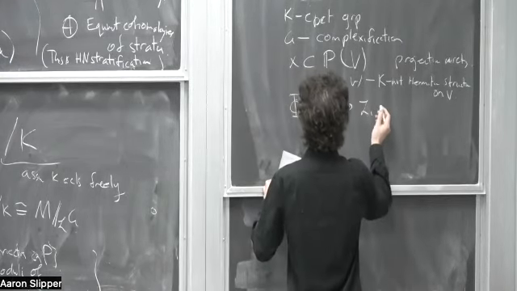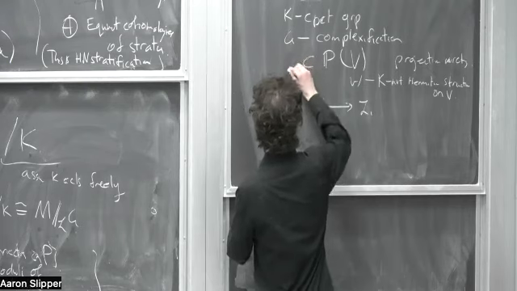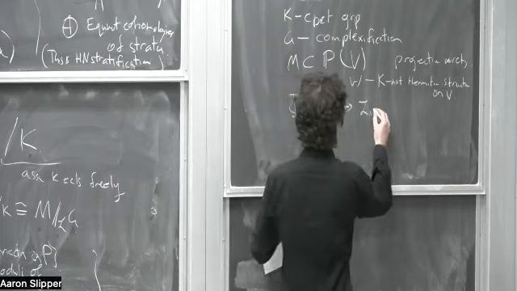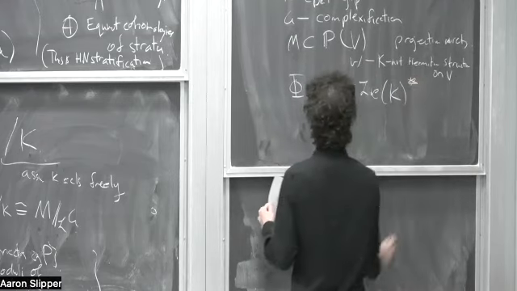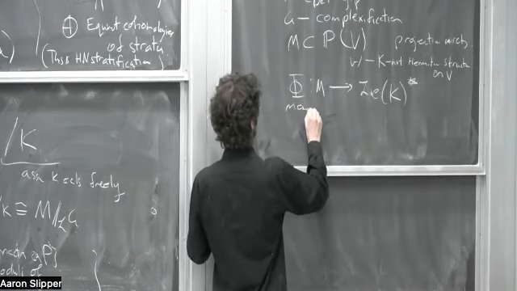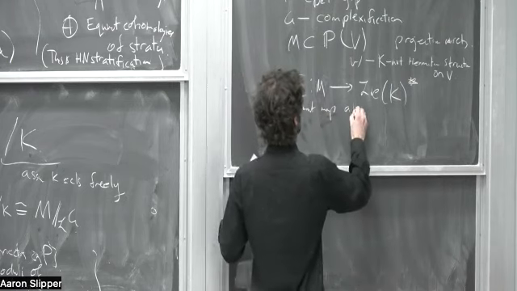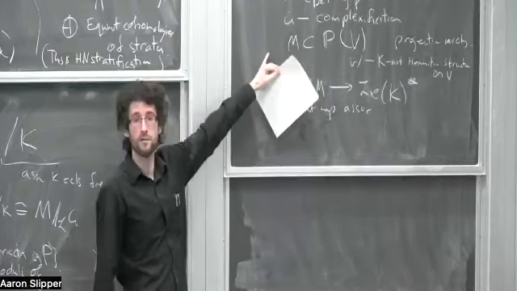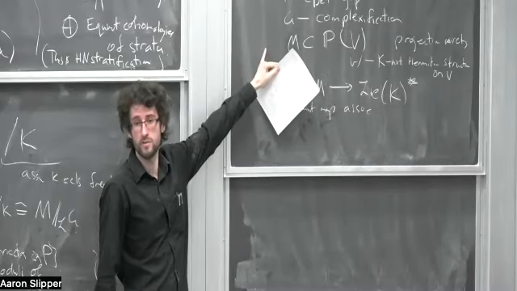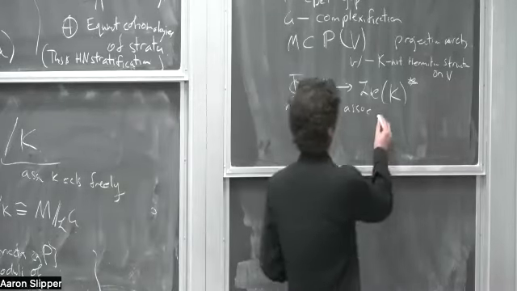X will equal, once again, M, with the moment map for K associated to the symplectic form coming from this projective structure, so the Fubini-Study form.